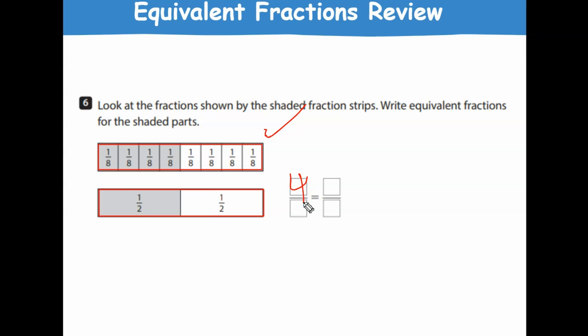Okay, what's the denominator, the number at the bottom? 8. So 4/8 is shaded in. The bottom part, this one, 1/2. That means that 4/8 is equal to a half. That's what you should have.